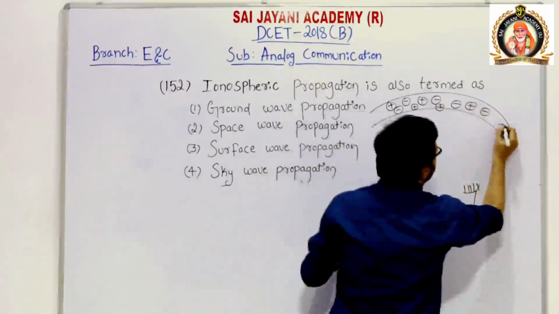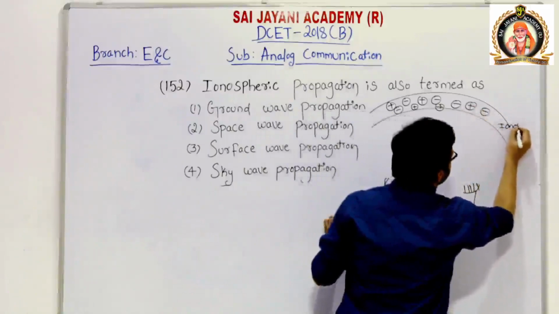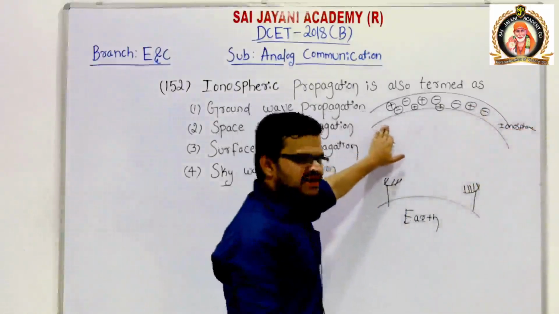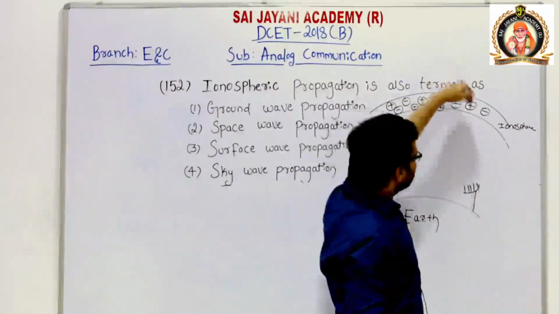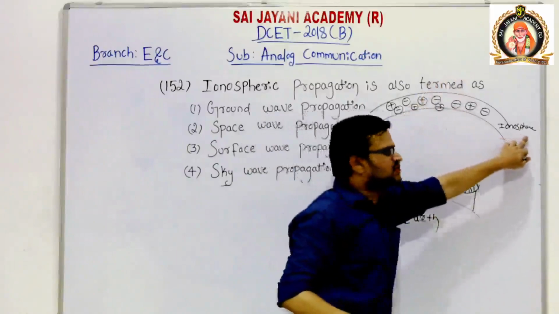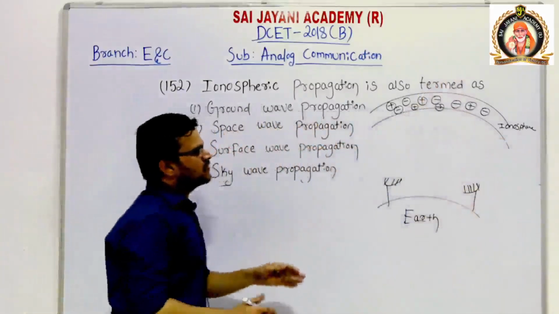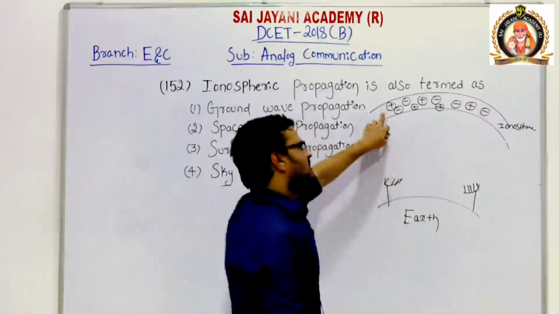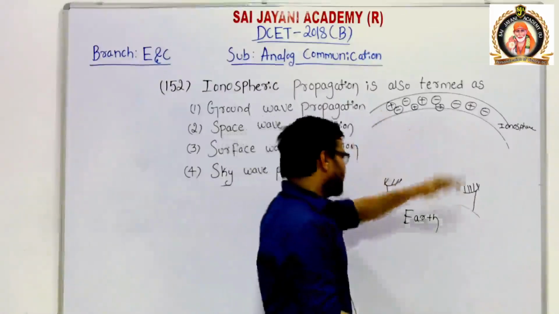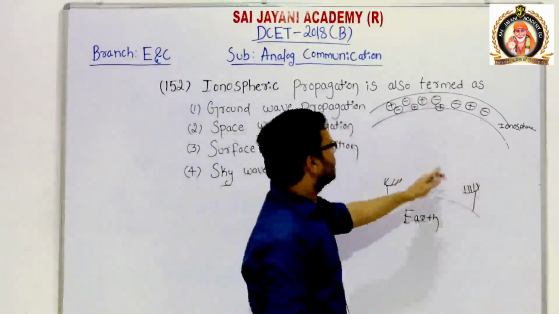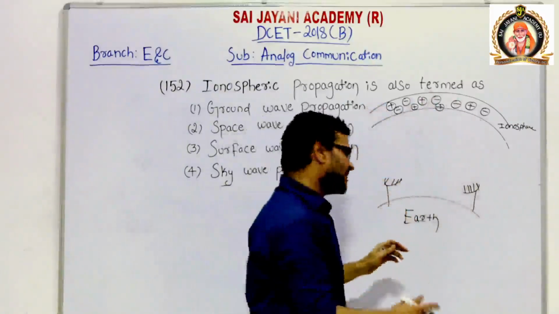These ions are created because when the sun rays hit the air molecules present in the ionosphere, these air molecules release their outermost electrons and become positive ions and negative ions. So in the ionosphere we have a large number of positive ions and negative ions.